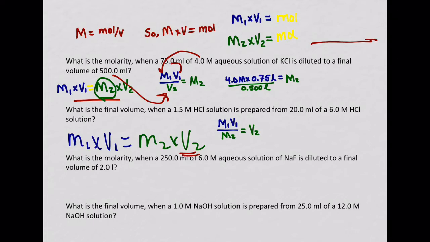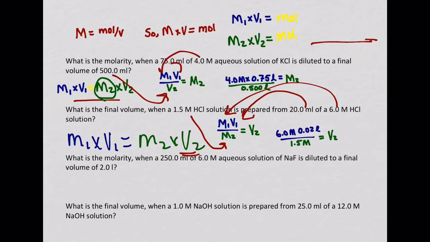Again, if we look at it, this is our final molarity. This is our initial volume. This is our initial concentration. That means we're going to end up with this relationship right here when we put all the numbers in, and that should give us about 0.08 liters, or 80 milliliters for this one.